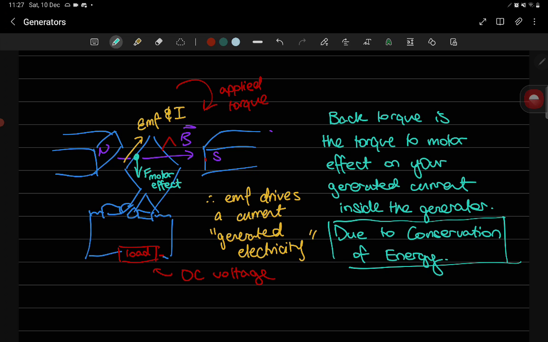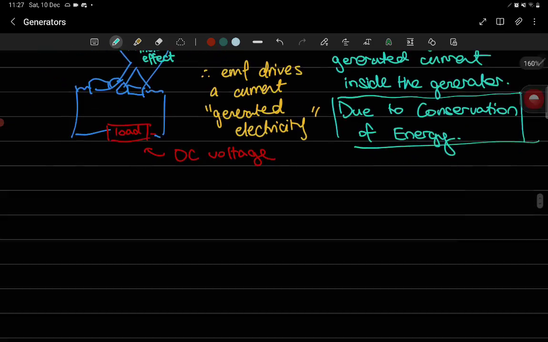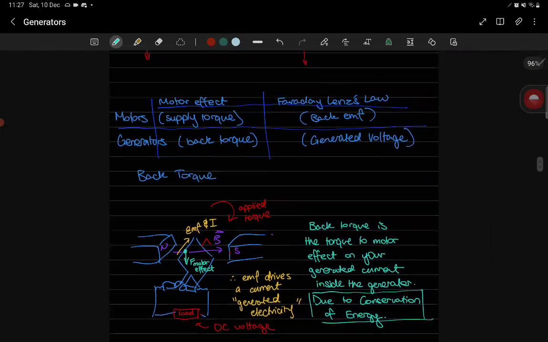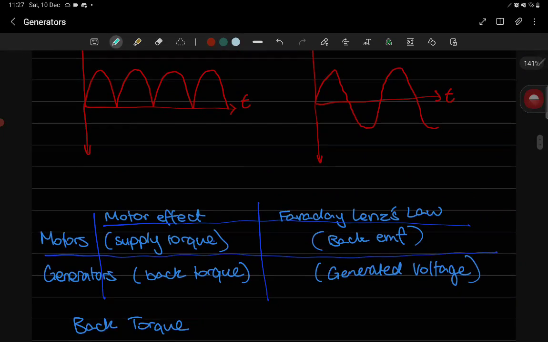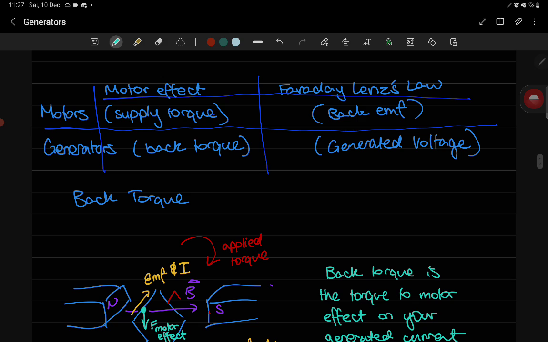Cool. So the last thing I want to emphasize is that motors and generators aren't all that different. You can see here already that they share some very similar properties in the sense that they're both governed by motor effect and Faraday Lenz's law, except those laws will surface themselves in concepts in different ways.